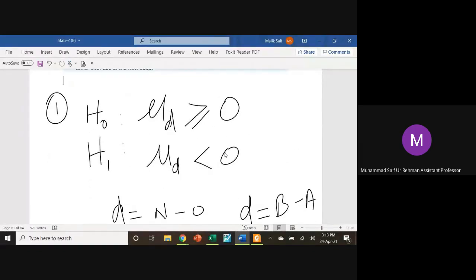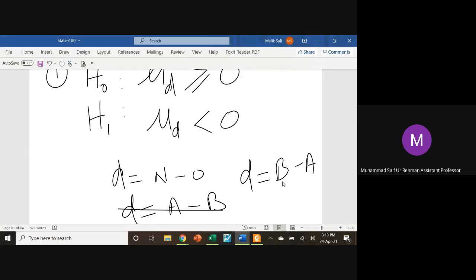So that means you are going to accept the alternative, which means B minus A. If you consider in this way, you may say that the soap that you have used later on, the new soap, is good to use because that will kill more germs, right?